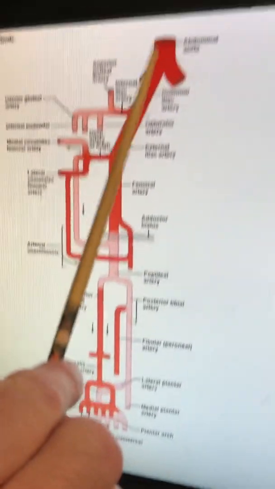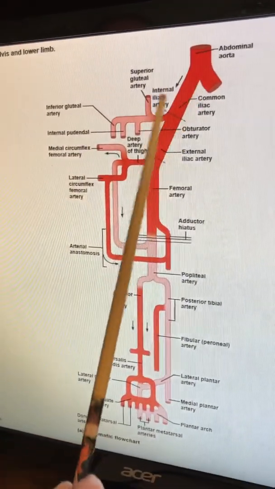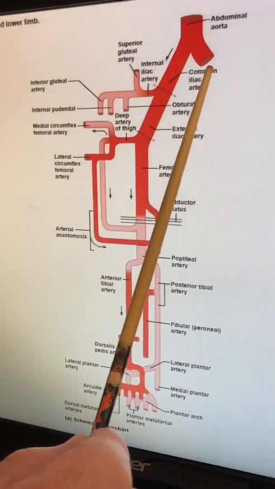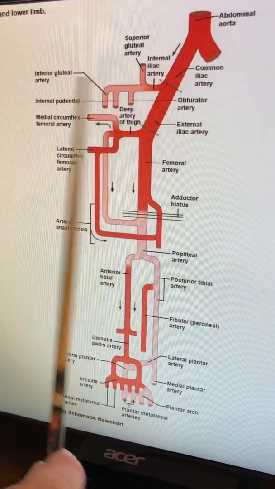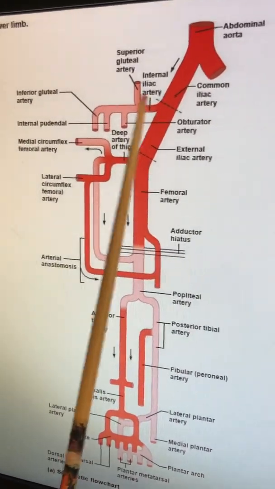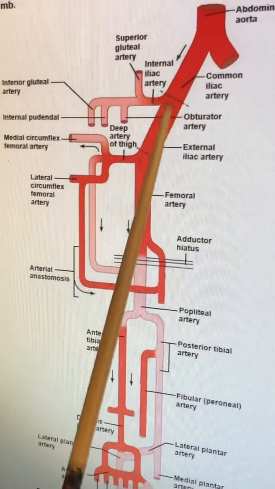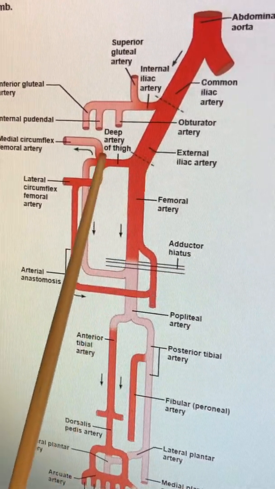So from here is the abdominal aorta. Then it's going to branch into the common iliac on the right and the common iliac on the left, which has been cut off. Then it's going to have branches that would go off of that. For example, the internal iliac is the landmark. So this is common up to here, which is internal, and now it becomes the external iliac.